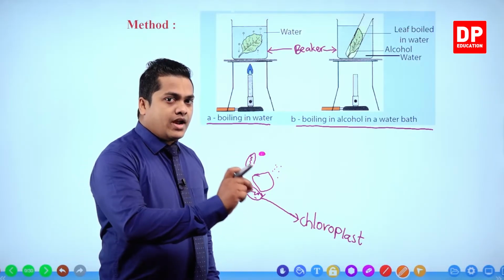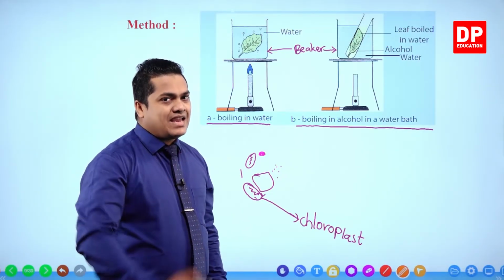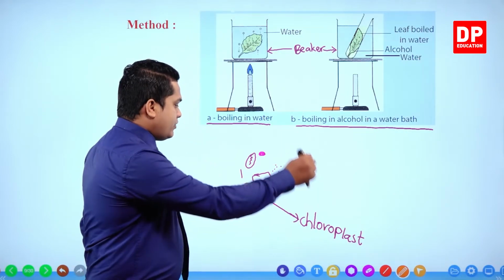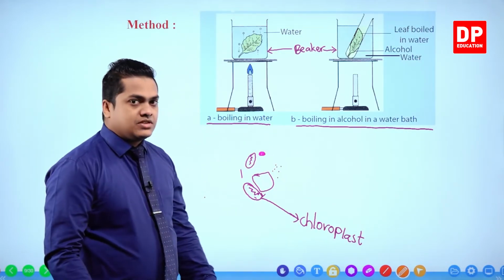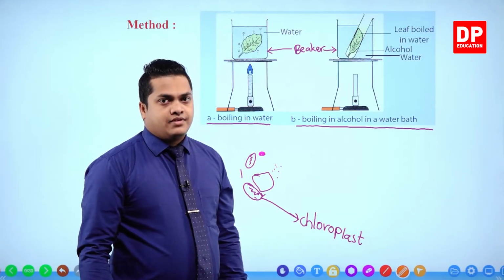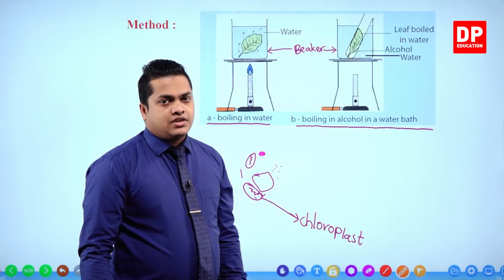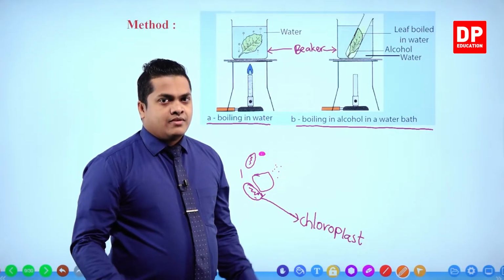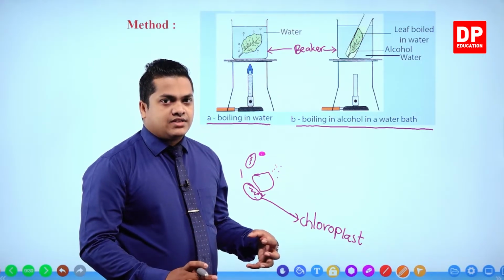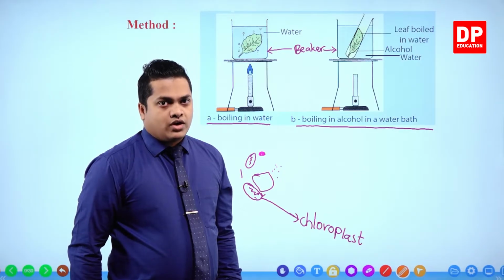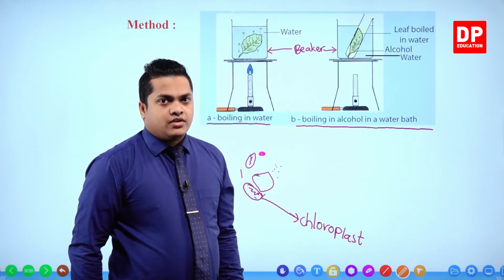Now we are going to add our indicator. Our indicator is iodine solution. We are going to add the iodine solution onto this plant leaf. That way, if there is starch, a color change is going to occur. By checking that color change, we can say whether photosynthesis has occurred within the plant or not.